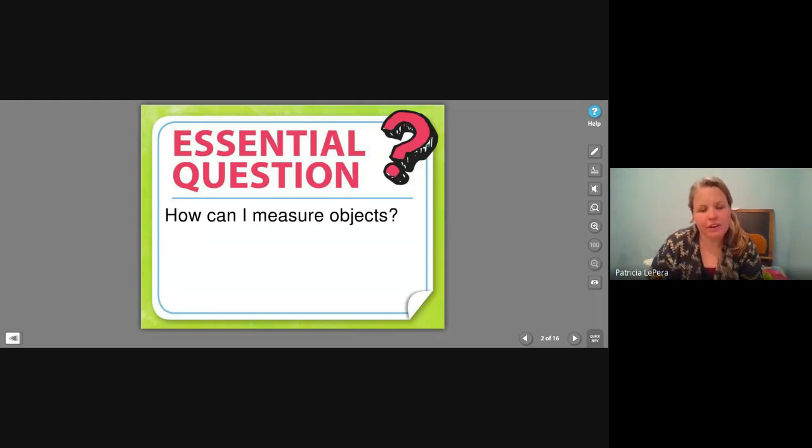Now, that wouldn't be a very good idea all the time, because my marker might be a little different than a marker that you have if they're not both the exact same Crayola marker. So we use rulers and things like that to make sure that all of our measurements are the same. So we can measure objects using our tools. We line up our tool to make sure that it starts at the 0, and then we see how long the object is.